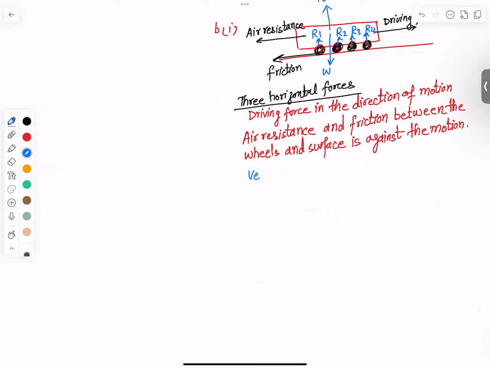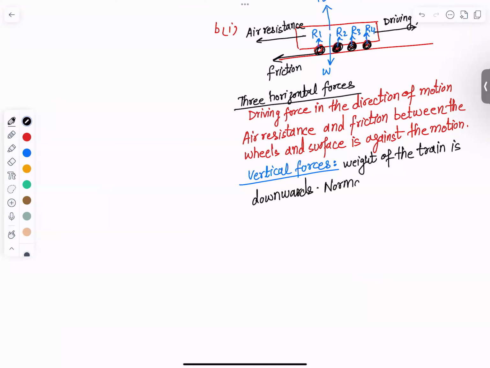So, vertical forces on the train are weight of the train, which is downwards, and normal reaction force, which is upwards.